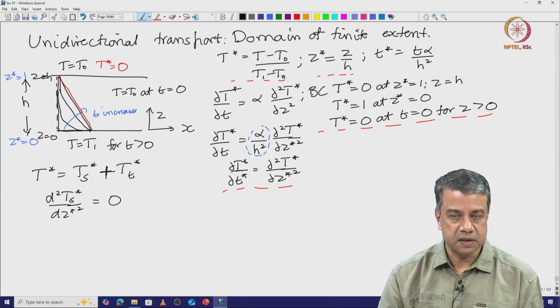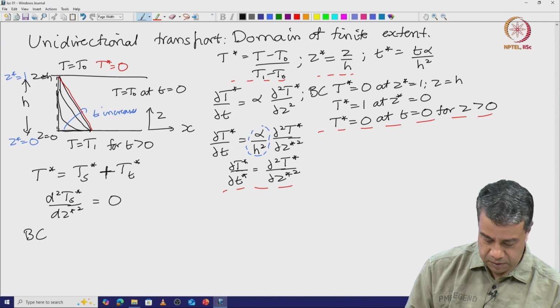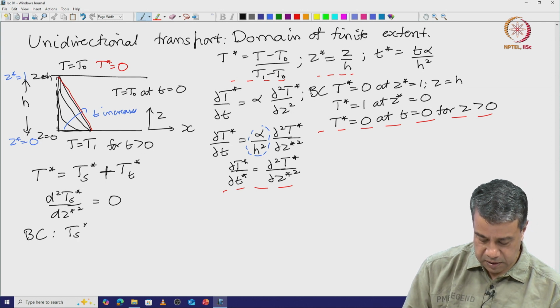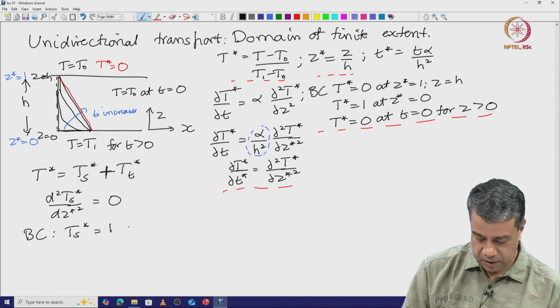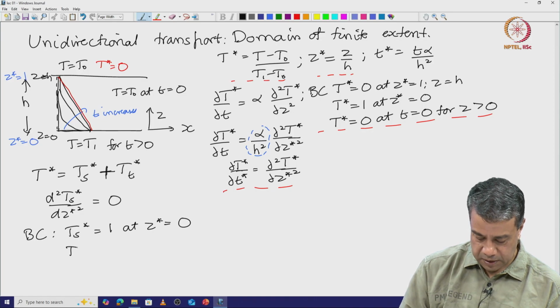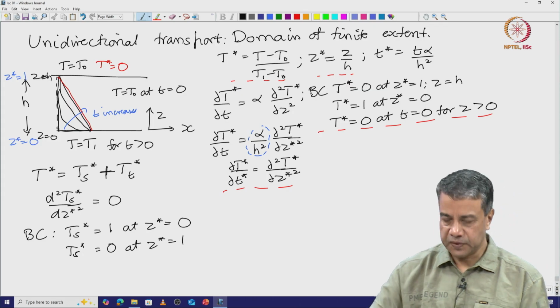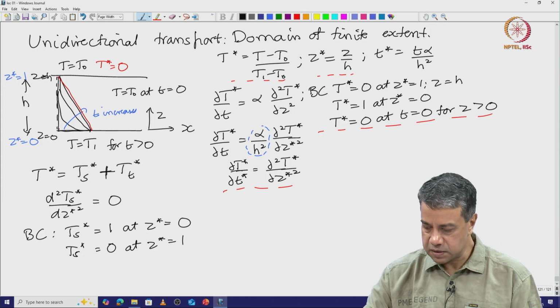And the boundary conditions are Ts is equal to 1 at z star equal to 0 and Ts is equal to 0 at z star equal to 1. So, these are the two boundary conditions.